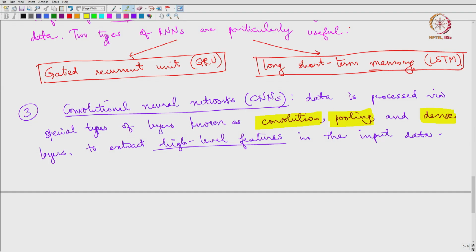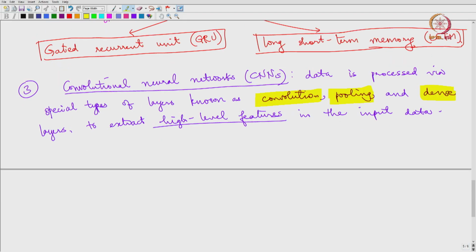It could be the animals in the foreground, the sky and the sun in the background, or the mountains. So, then each network or each layer may be trying to focus on different objects in the image that you are trying to detect. So, CNNs find use in processing image data.